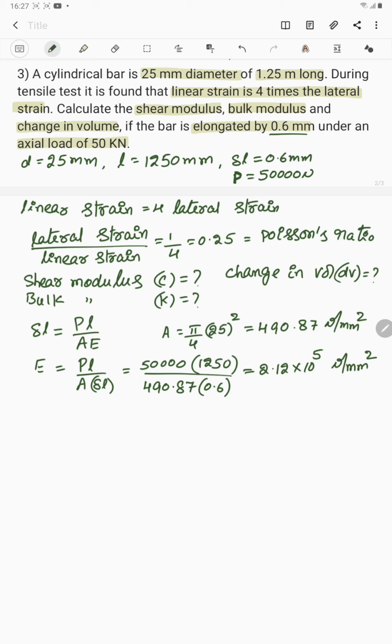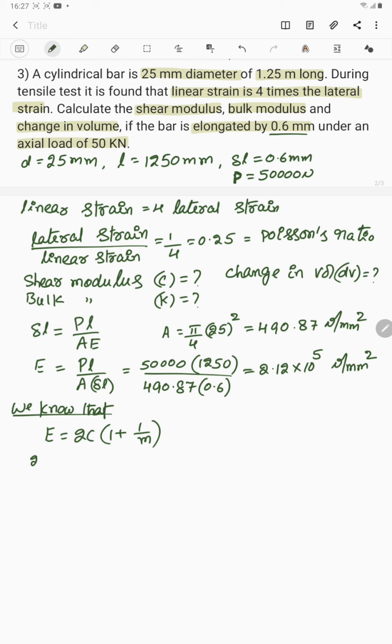Now let us find the shear modulus by taking E and C relation. We know that the E and C relation, E equal to 2C into 1 plus 1 by m.